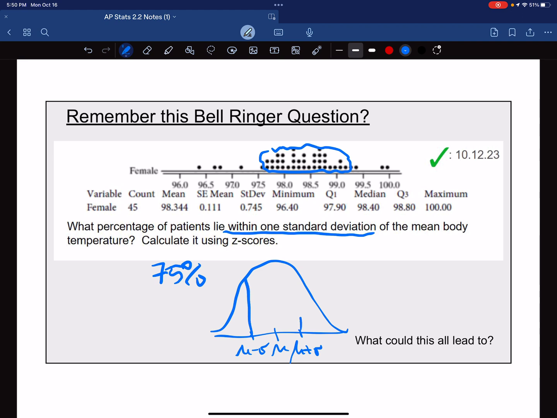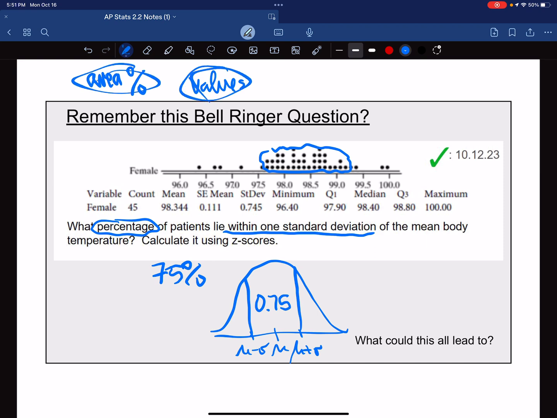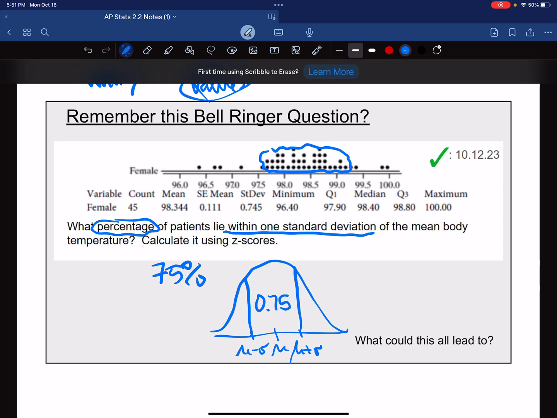So we just said that the area, remember this is a density curve, the area underneath is 0.75. That's what we're saying by answering this question about percentages. Remember, the whole point of 2.2 is going from area and percents to values. So going from plus or minus 1 z-score is a value, and we're going to a percent. You see?